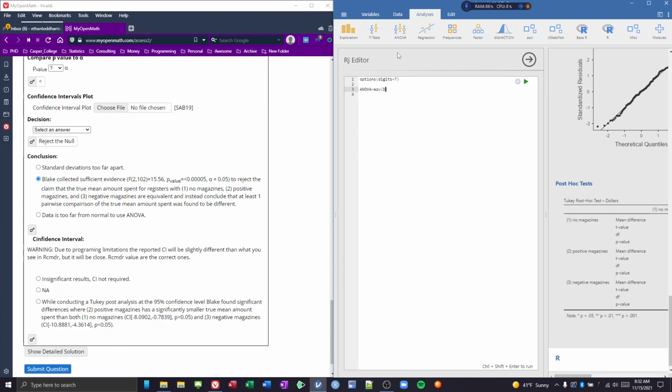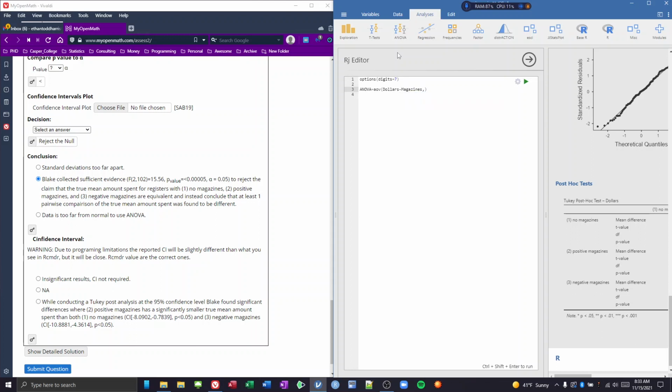So for us, that is the dollars, what we're actually interested in. Dollars. And then I need this little tilde squiggly thing. It is the button next to the number 1 on your number line on your keyboard. So that's your squiggle, it's shift and that button. Dollars, tilde, and then you can type in your grouping variable, which for us was magazines.